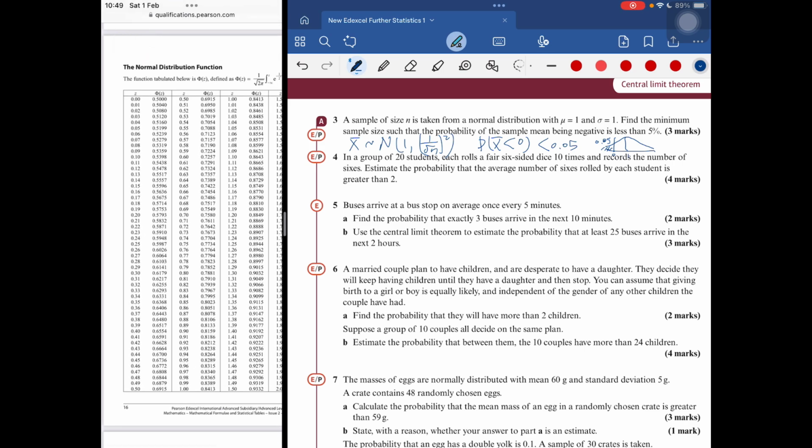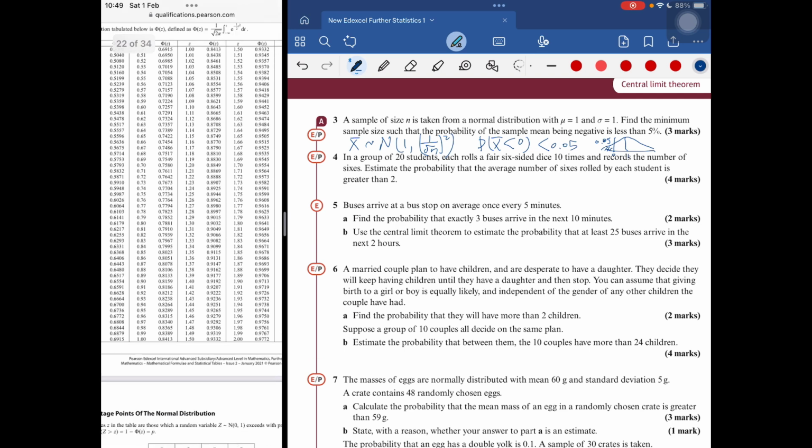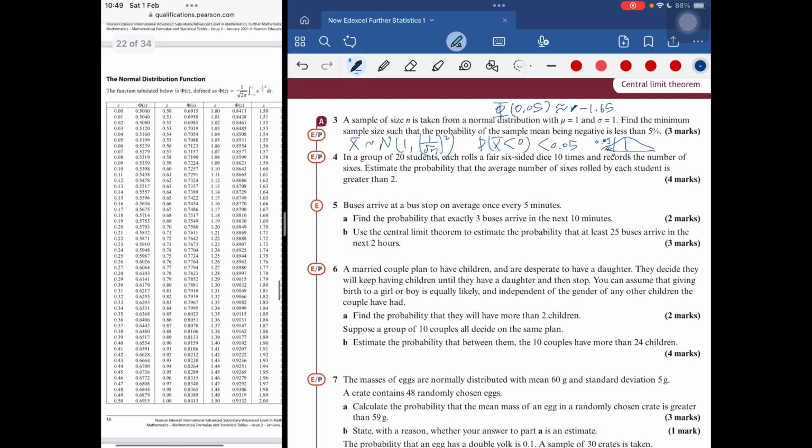From the table, we need to see 1.65. So negative 1.65, 0.05. Yeah, because the table doesn't show the negative side.